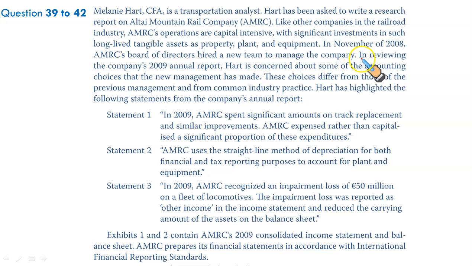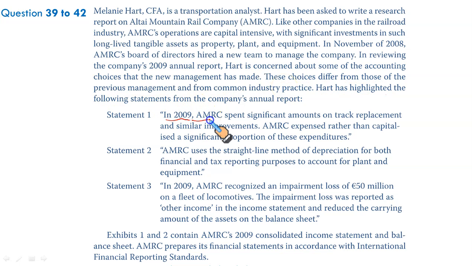In reviewing the company's 2009 annual report, Hart is concerned about some of the accounting choices that the new management has made. These choices differ from those of the previous management and from common industry practice. What are these? Hart has highlighted the following statements from the company's annual report. 1.